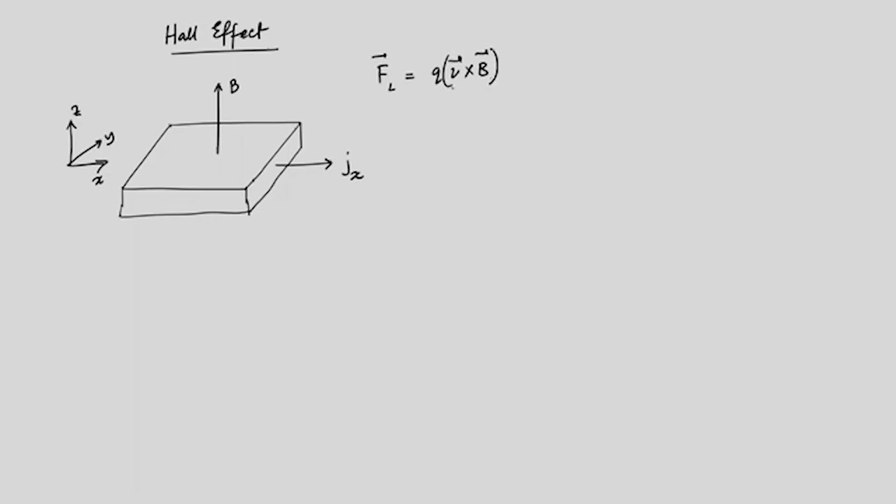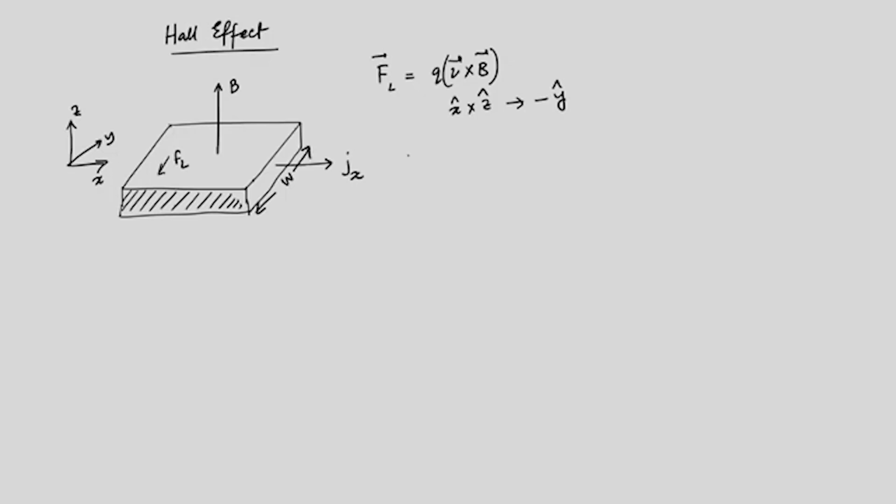If v, that is the electrons, are moving along the x direction and the magnetic field is along the z direction, this results in a force in the minus y direction. So there is a Lorentz force acting in this direction, and the charges will accumulate on this surface of the sample. Let's say this is a width, W.